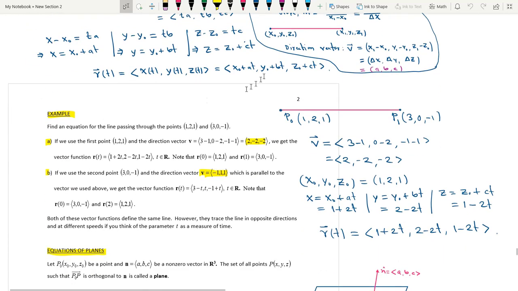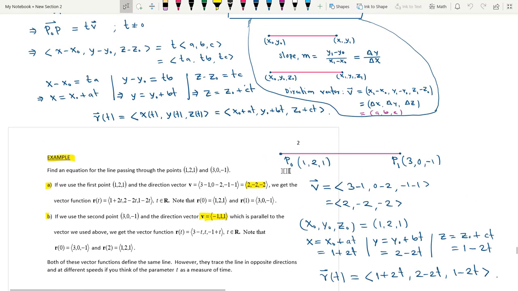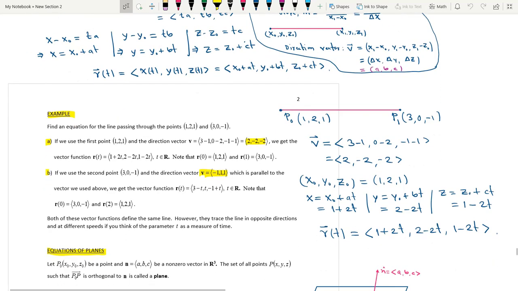Now, in this example, we need to find the equation of the straight line that passes through these 2 points. Suppose P0 is 1, 2, 1 and P1 is 3, 0, negative 1. The direction vector v would be x1 minus x0, that means 3 minus 1, which is 2, y1 minus y0, that means 0 minus 2, which is negative 2, and similarly we will get negative 2.